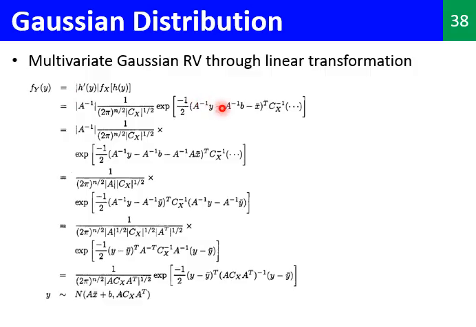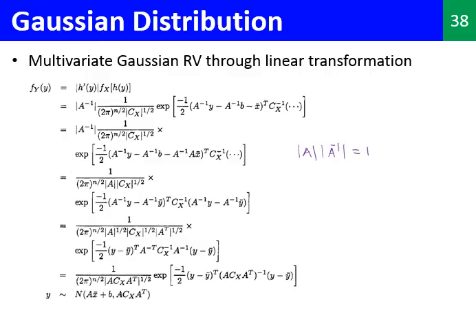Okay, the next step is we have introduced an identity matrix that will change nothing. Okay, and meanwhile, I hope you know that the determinant of A times the determinant of A inverse is equal to 1.